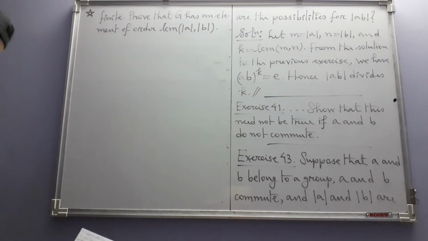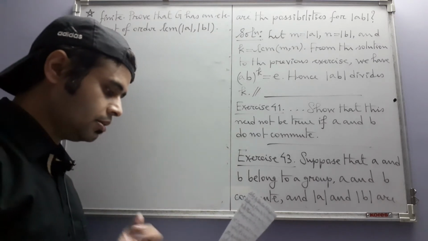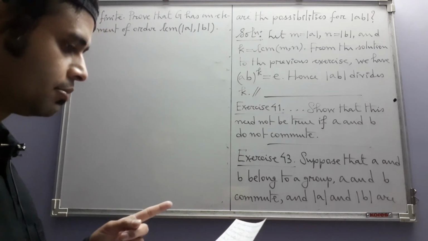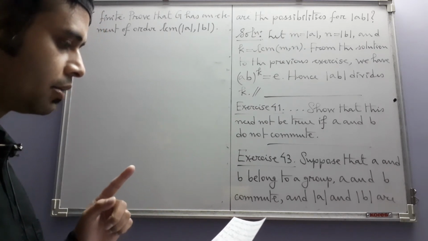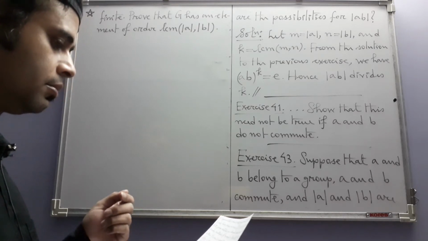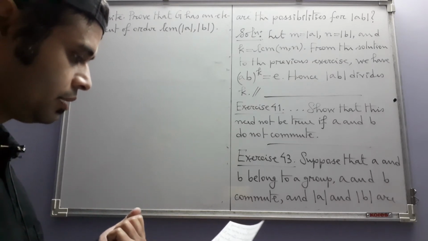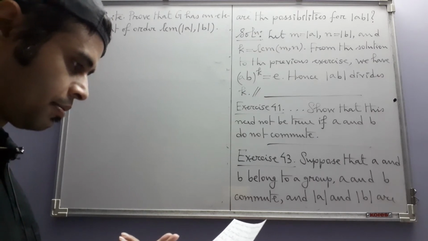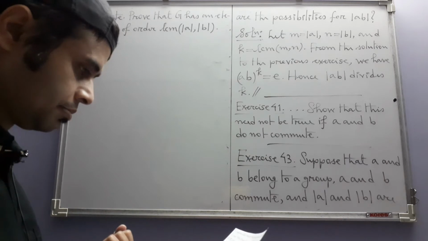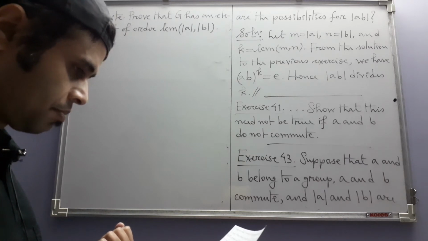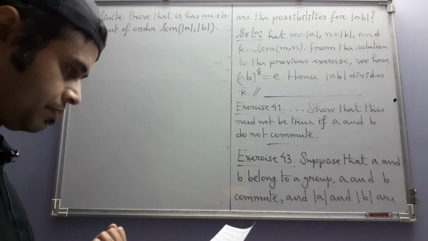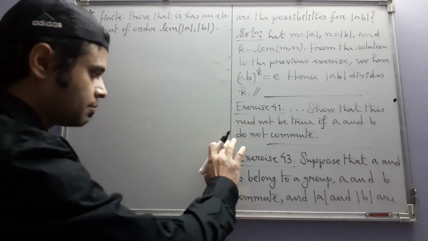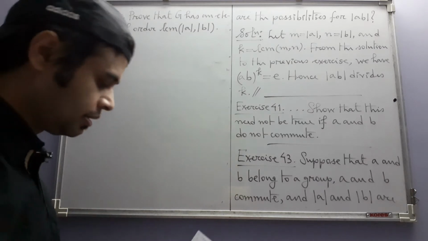So what is the difference between this one and exercise 41? There also A and B were group elements that commute with each other and have finite orders. There we had that additional condition that the cyclic subgroups they generate intersect trivially.